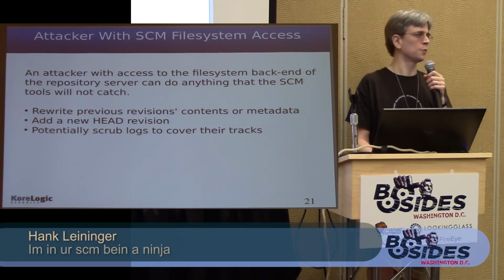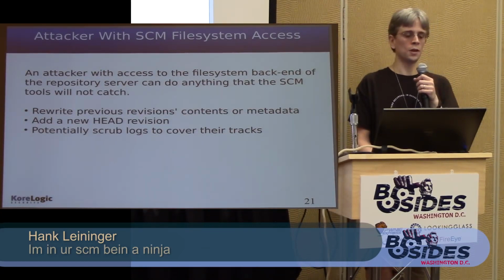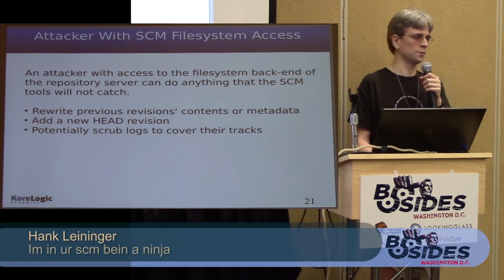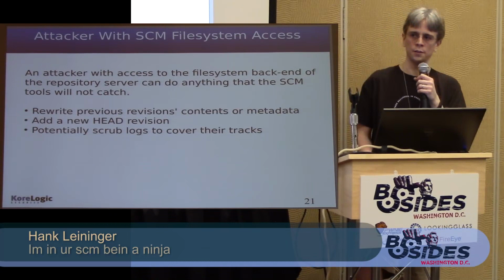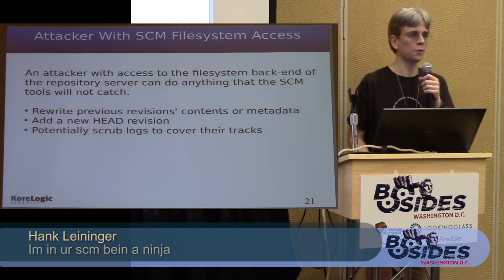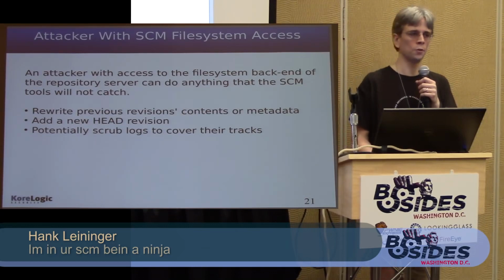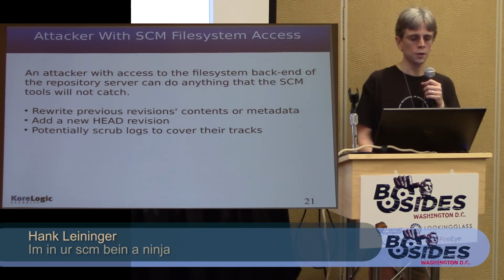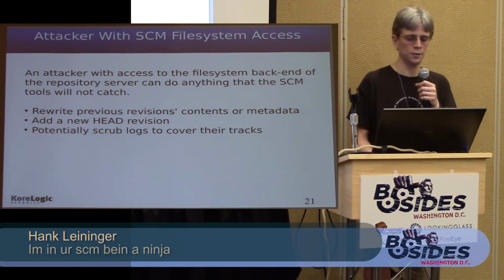Now, somebody with file system access on the repo server can do anything that the repo software itself won't puke upon encountering. You may be surprised to find later that there are a lot of things they can do without causing any noticeable breakage in the system. They can rewrite old revisions. They can hand push a revision onto head, and I'll show you why that's interesting.